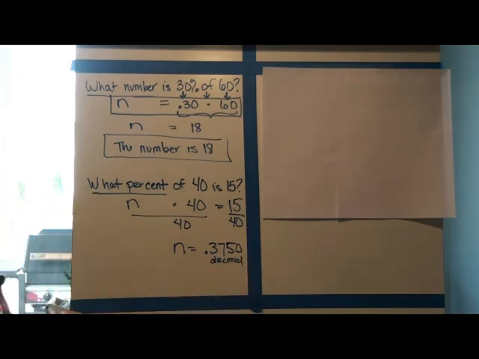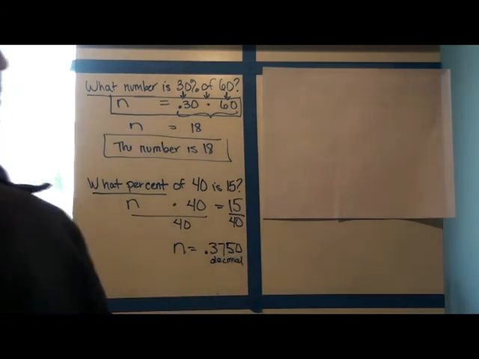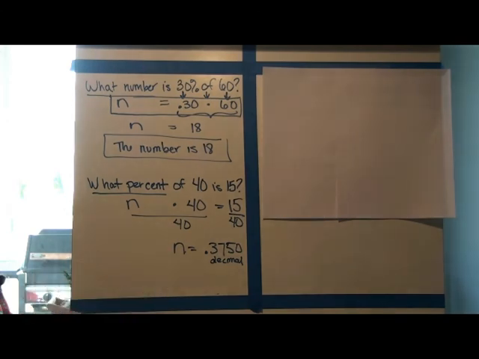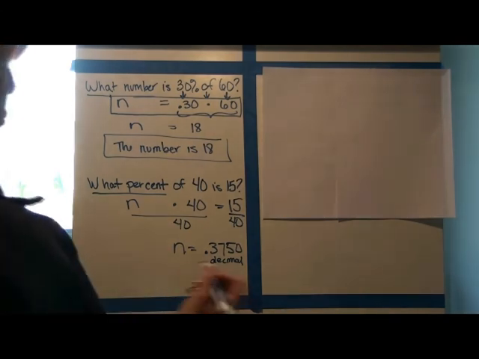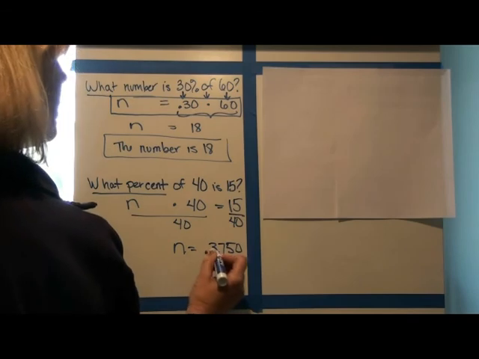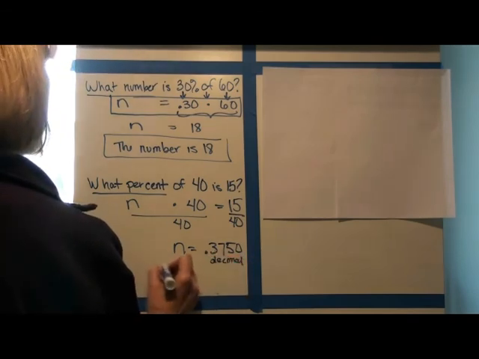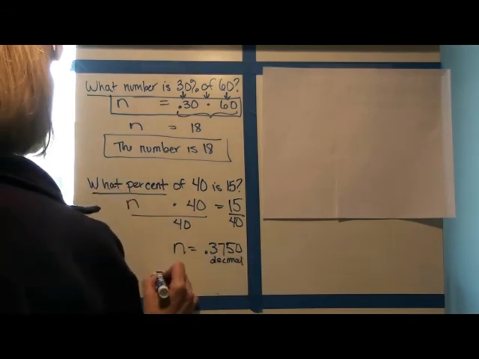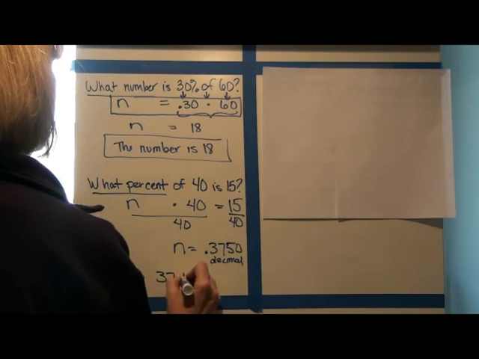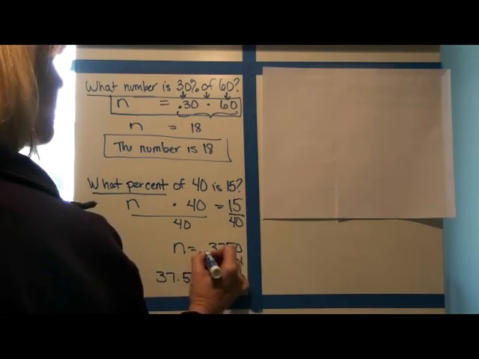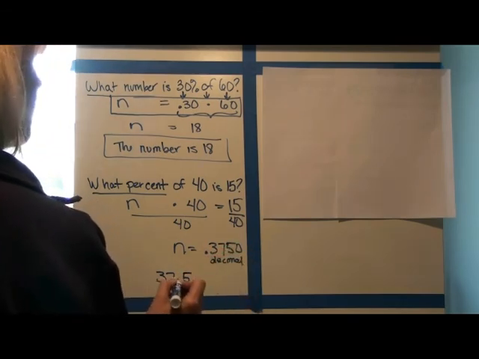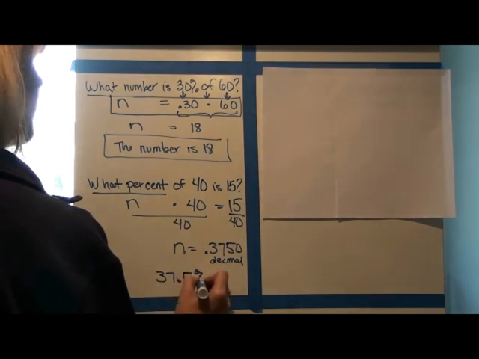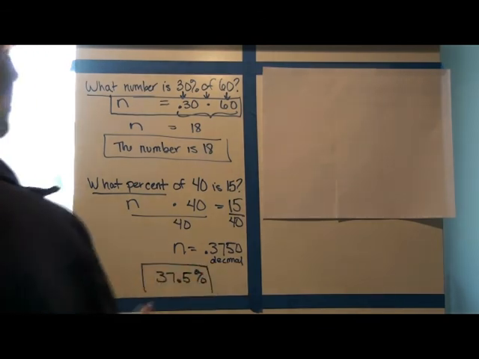We need to change that into a percent. We change a decimal into a percent by multiplying by 100 or moving our decimal twice. So the answer, what percent, is 37.5 because we would move this twice, so it would put it here, percent. And there's our answer.